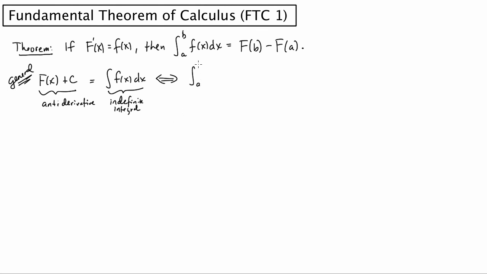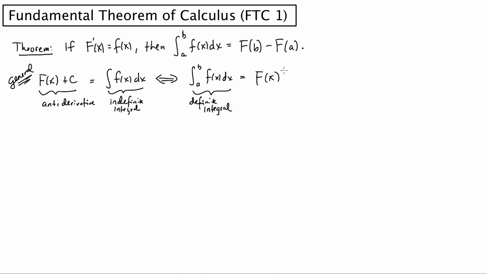So the integral from a to b of f of x dx is the definite integral. We have a definite interval in mind. And this is equal to the antiderivatives. Now there's a different way to do this. The integral is still F of x. Notice I don't have the plus c here anymore. There's no plus a constant because we're specifying what the constant is.